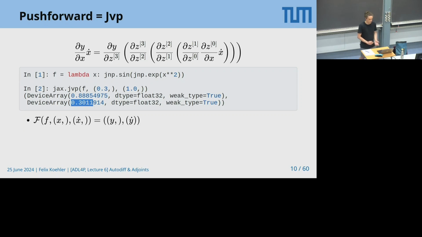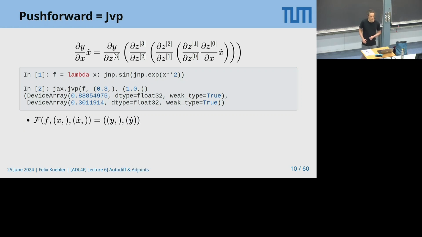Mathematically, I like to think about it like this. Well, this is another kind of high-level function where we plug in a function f, we plug in this primal point, we plug in this tangent point, and then we get a primal output and this nice tangent output.